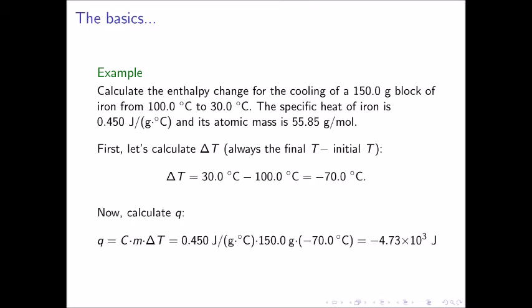Now we can calculate the value of Q. This is just C times M times delta T. C is 0.450 joules per gram per degree Celsius. M is 150 grams, and delta T, as we saw, is negative 70 degrees Celsius. When we multiply these, we get a value for Q of negative 4.73 times 10 to the third joules.